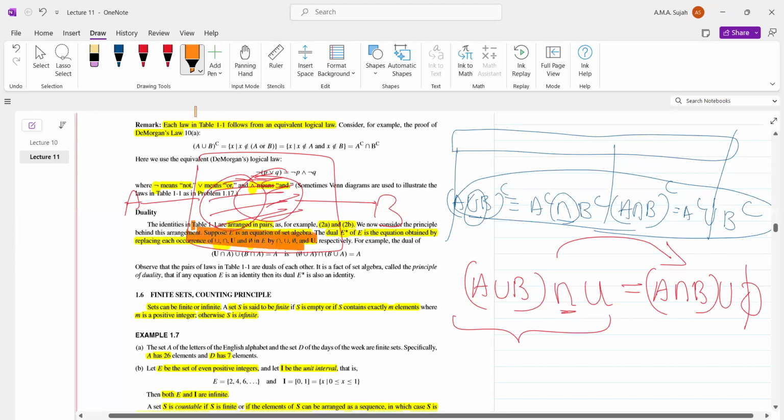This is your universal set. So what is the common area? Tell me. A union B, right?